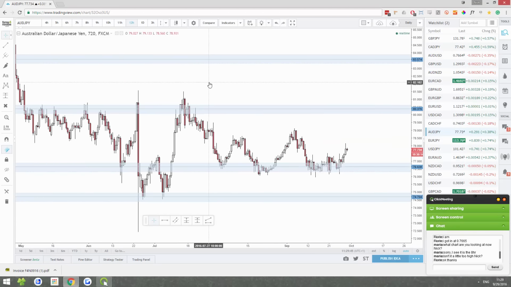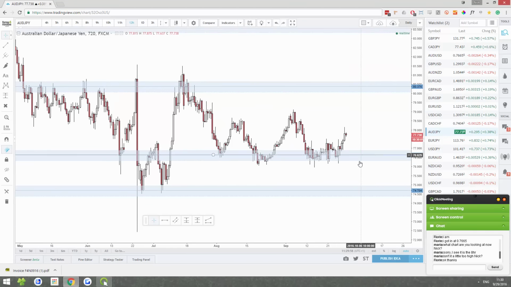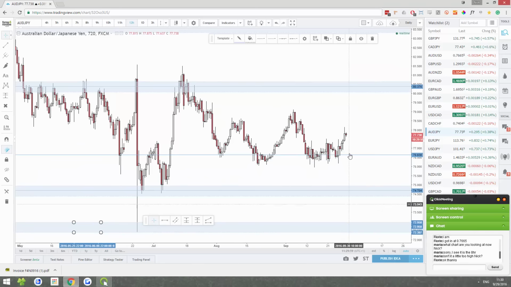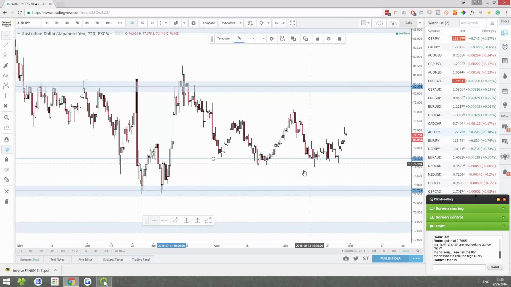Does anyone have any questions about that, or are you guys pretty clear on that? I just want to make sure you stop thinking of support resistance areas as too precise, because a lot of people have that problem when you start placing support resistance, especially if you're using it just as a line. You'll place it here, for example, and then price stalls around about here, and you'll be like, whoa, that's too high above the support resistance area.